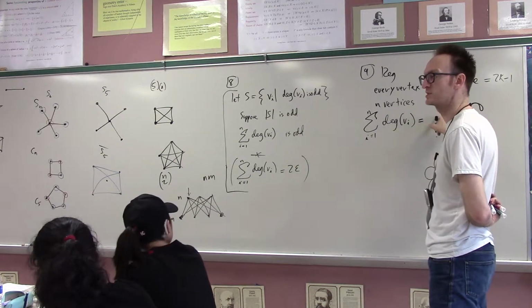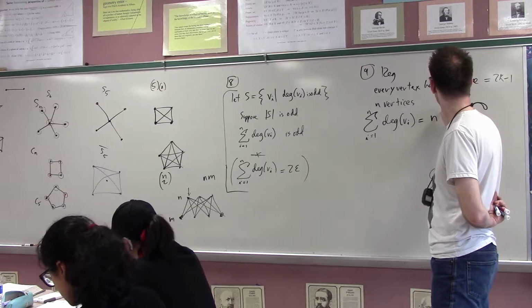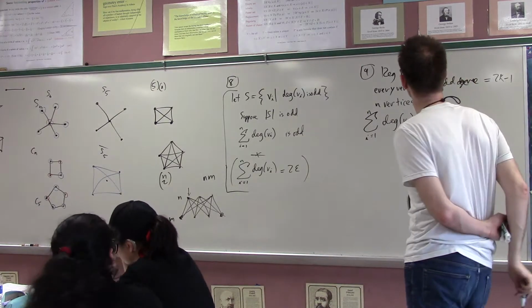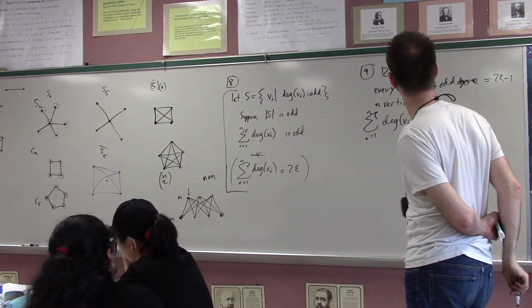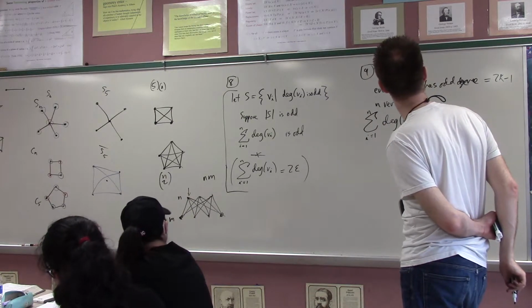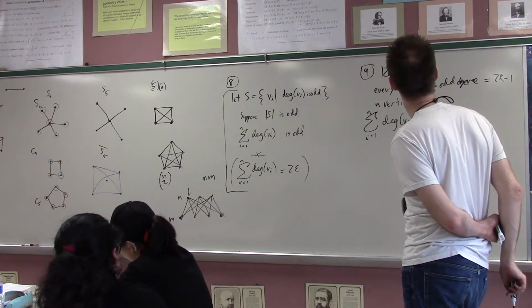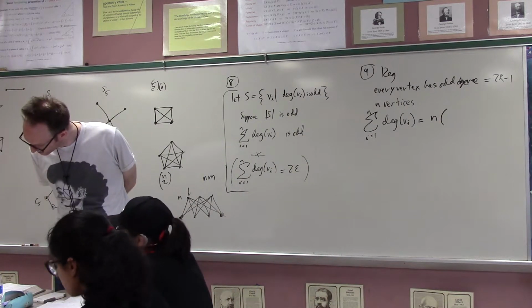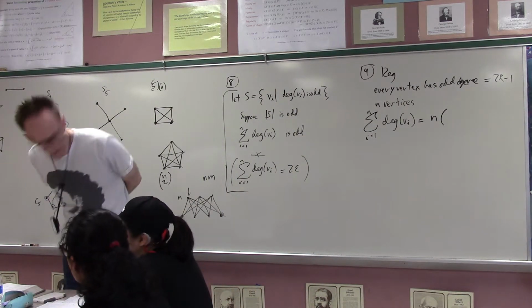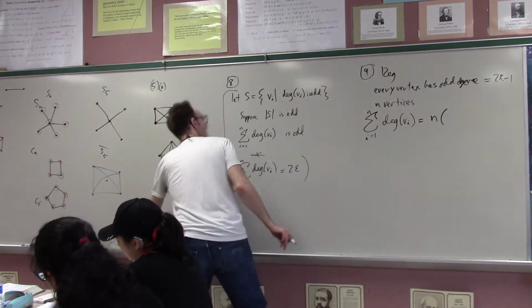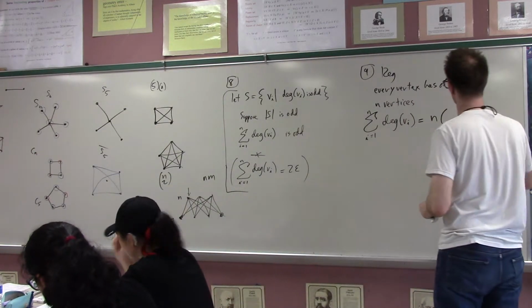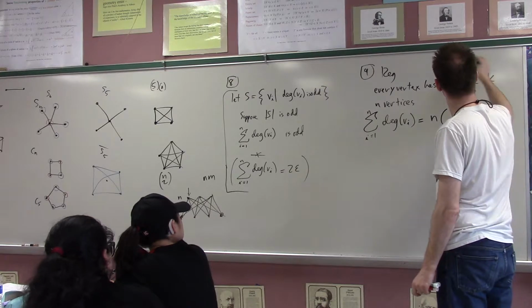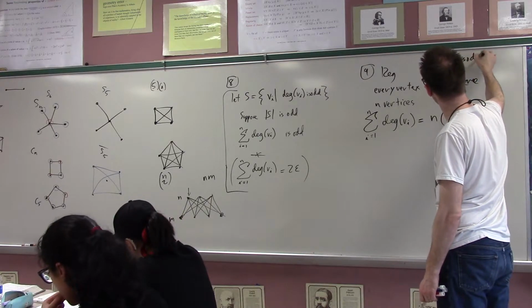It's just the number of vertices. Wait, hold on. Am I doing this right? My notation is a little bit weird. Every vertex has an odd degree. They say every vertex has an odd degree k. Oh, they already introduced k? I apologize. So k is odd. It's just built into the problem.